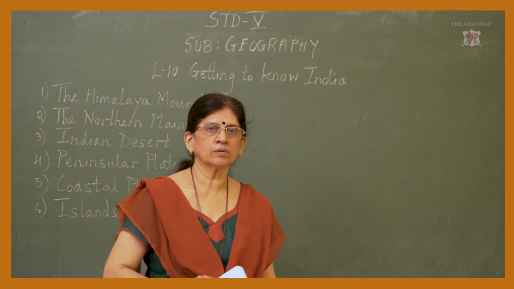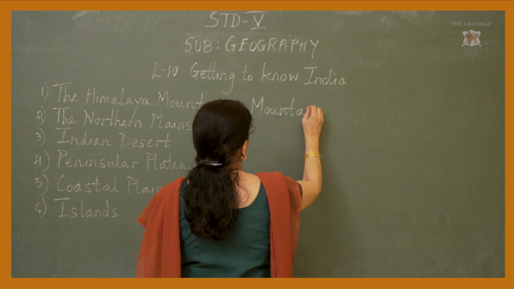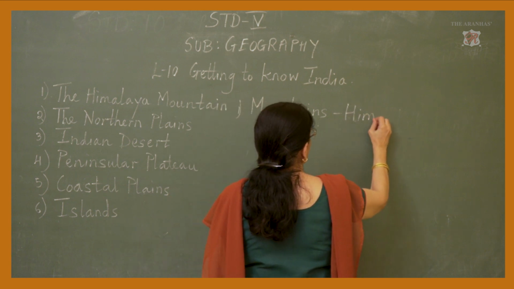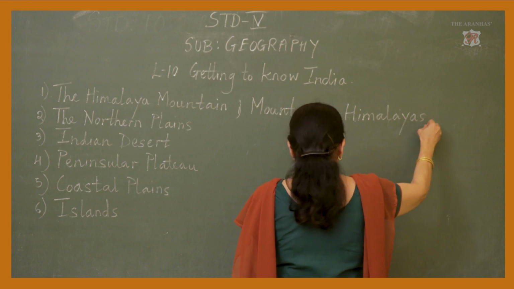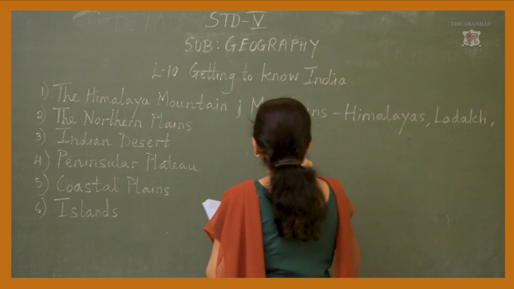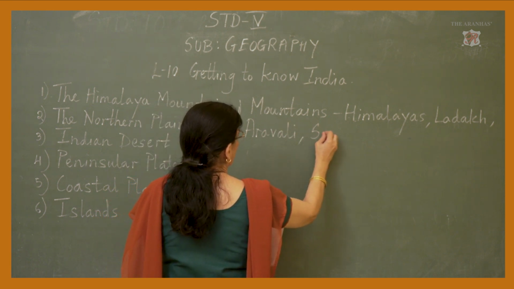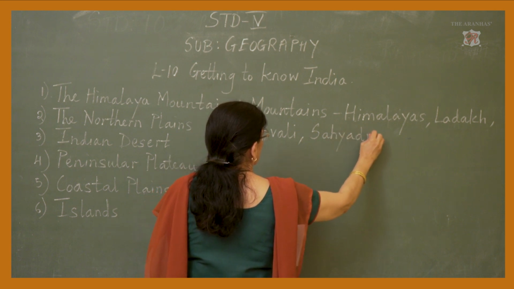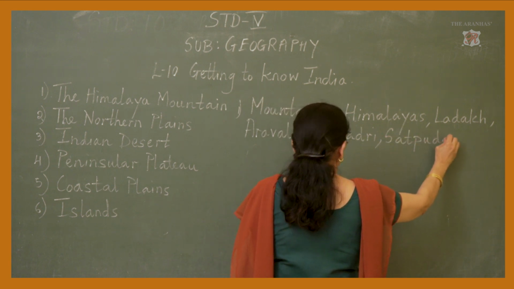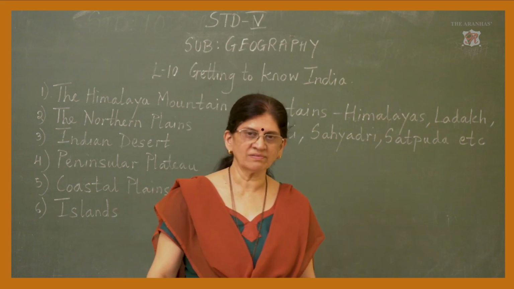Now I'll name some of the mountains. We have Ladakh, Aravalli, Sahyadri, Satpura, etc. All these mountains you can find in this map.